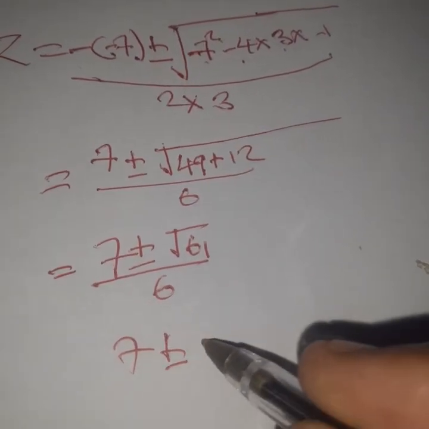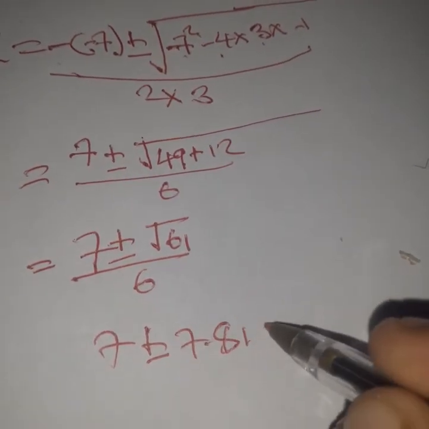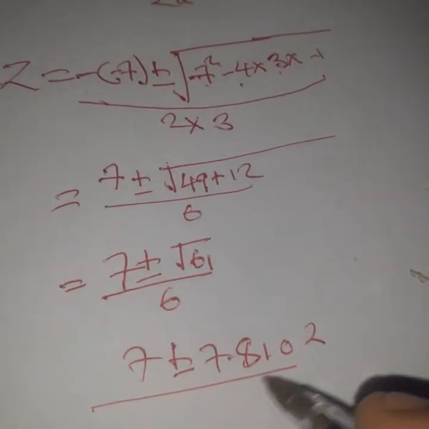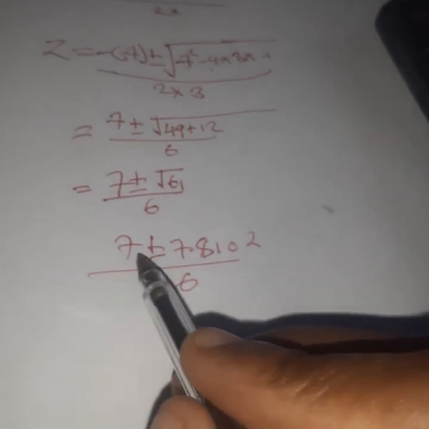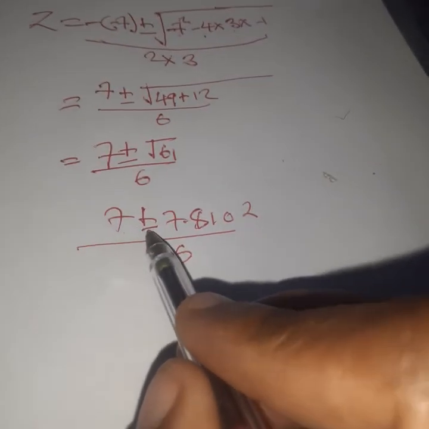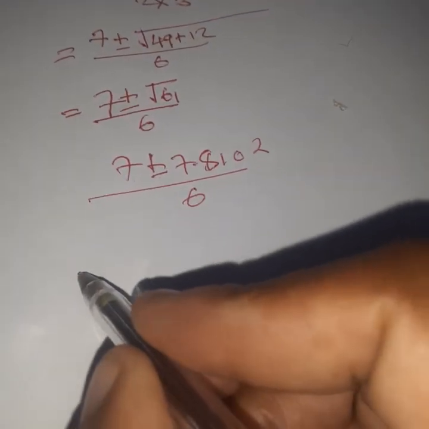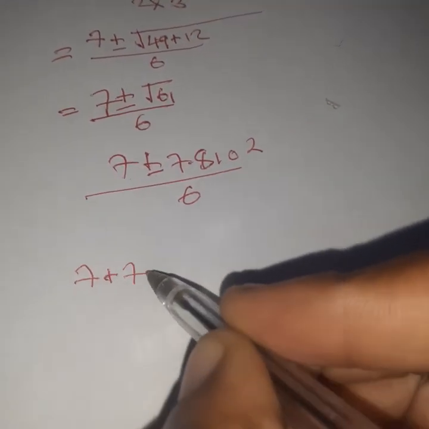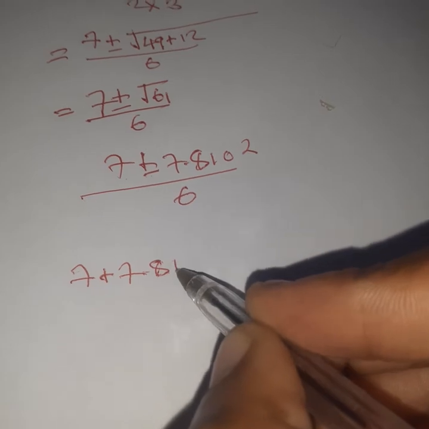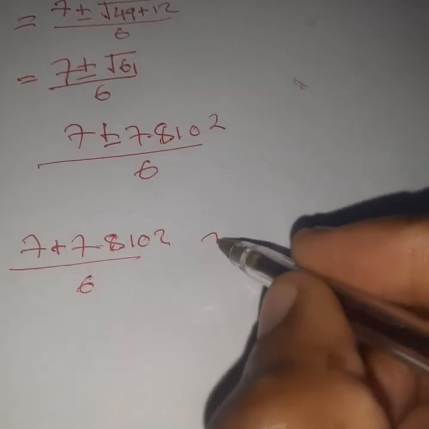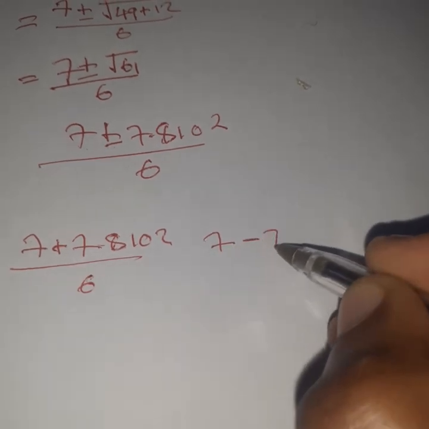So we have 7 plus or minus 7.8102 over 6. Now you start solving these one by one, because we have two signs there, a positive and a minus, so you have to separate those. The first one is 7 plus 7.8102 over 6, and the other one is 7 minus 7.8102 over 6.